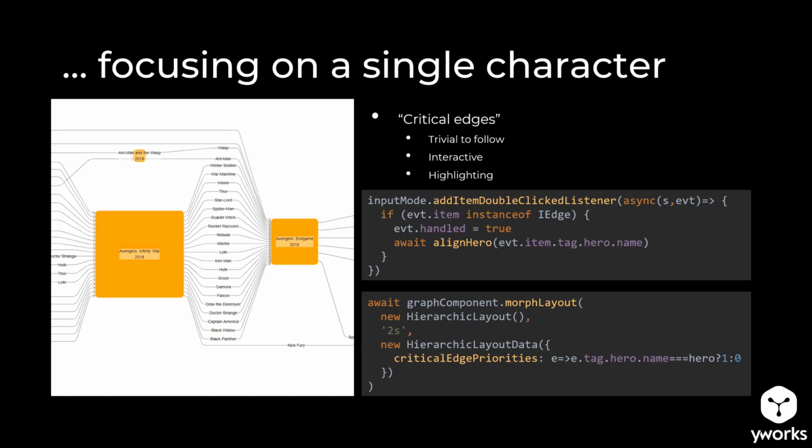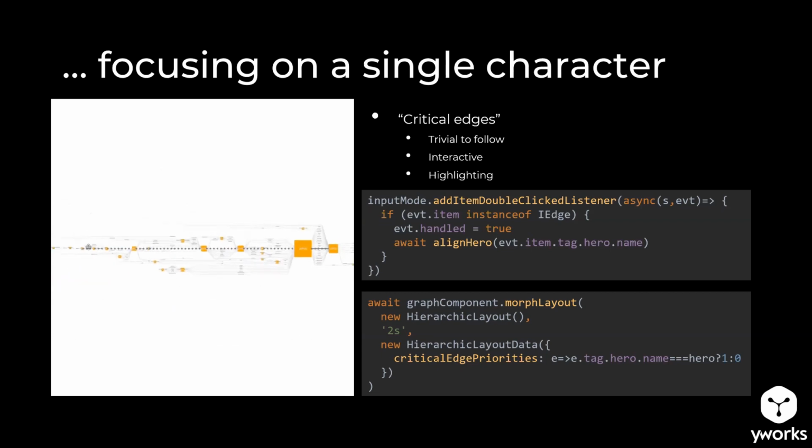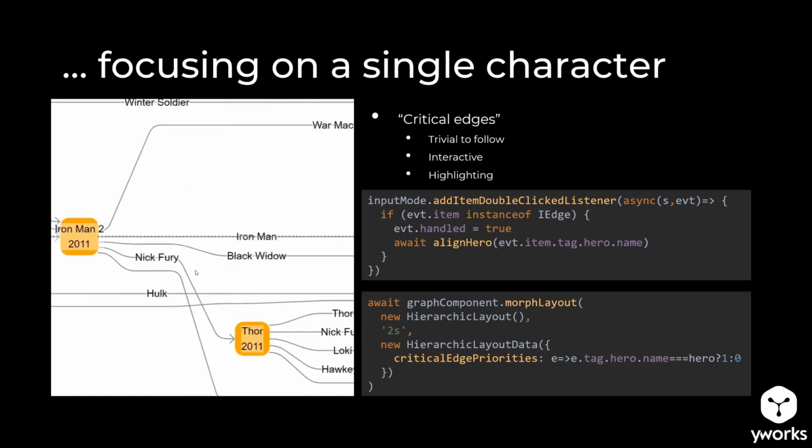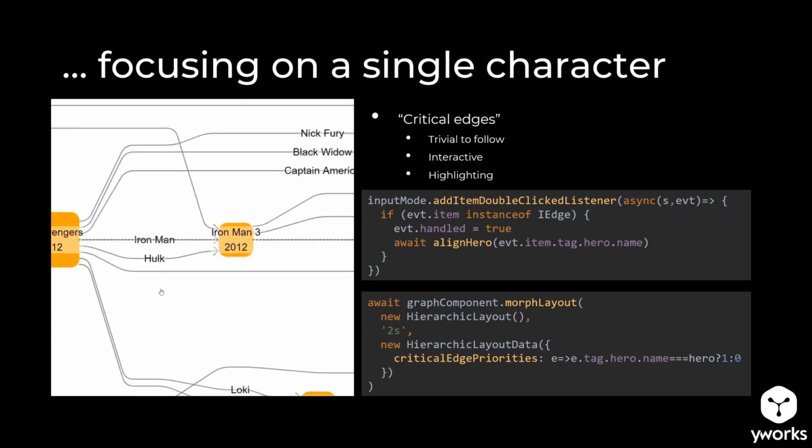And with this little piece of code, we get this. The movie doesn't play, I'm sorry. We get this visualization where, in this case, Iron Man is neatly aligned at the center of the diagram.